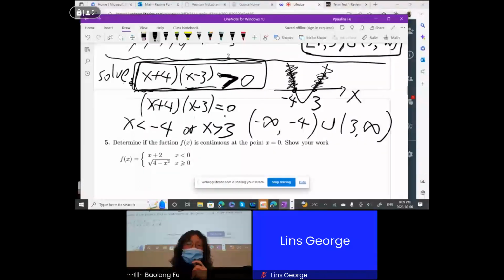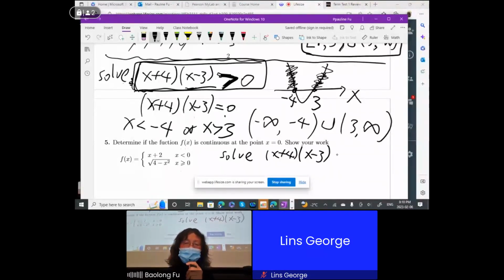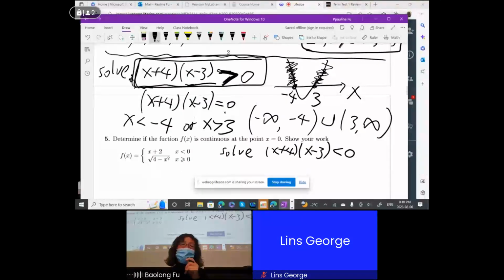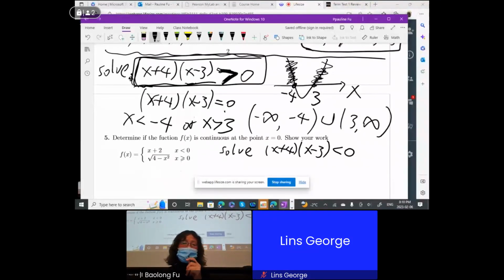Okay, and similarly, again, this is separate. If I ask you to solve x plus 4, x minus 3, smaller than 0. By directly looking at this graph, the solution is x smaller than 3, greater than -4, because see, this part is smaller than 0.